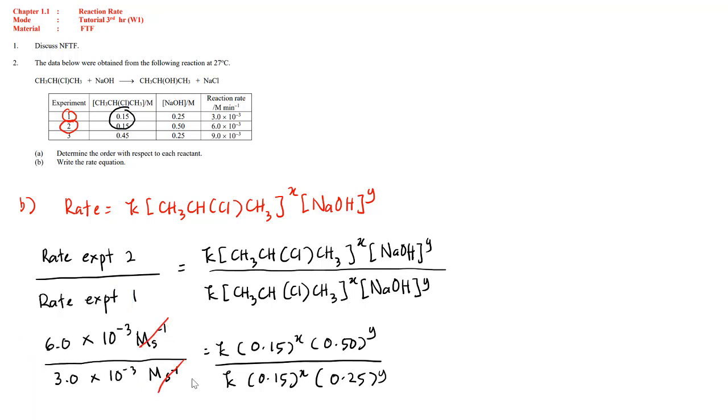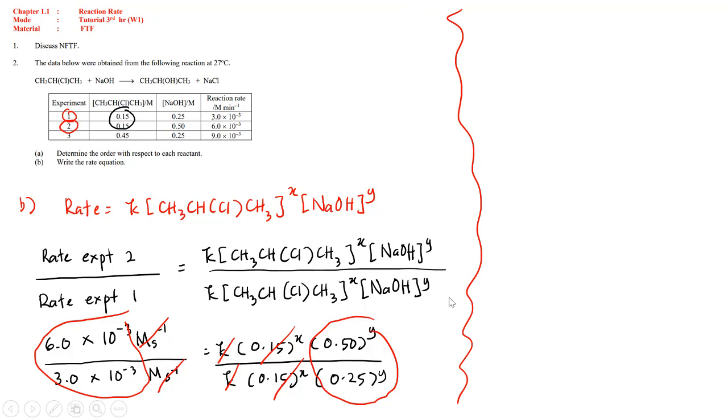So you can see here the unit of rate is cancelled out, K is cancelled out, this one is cancelled out. So now only this one remains, and we will solve it with the rate on this side.